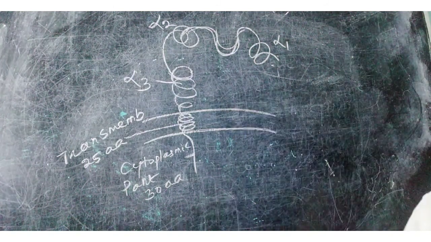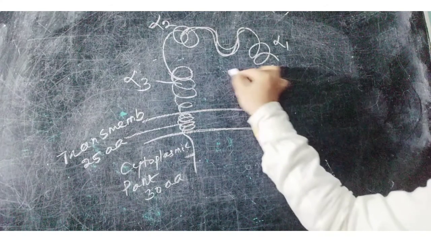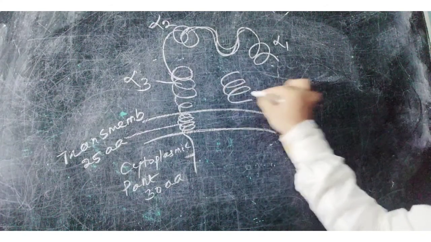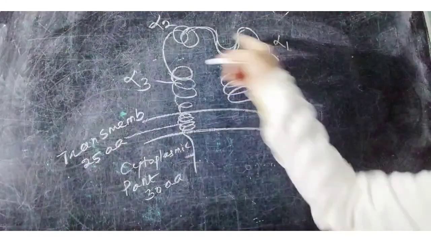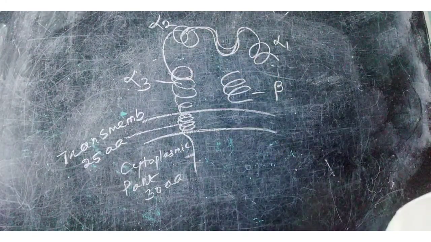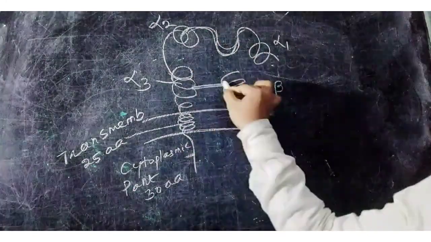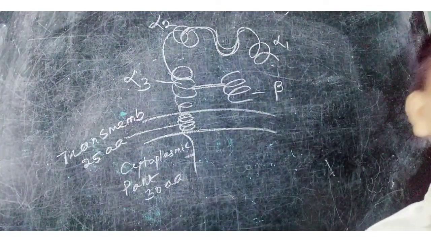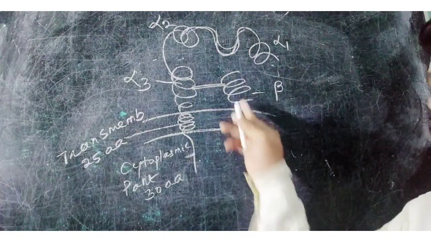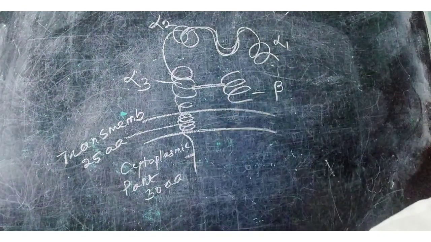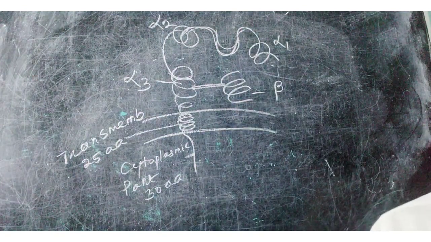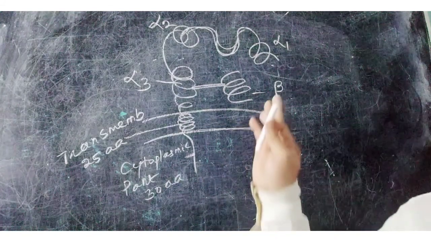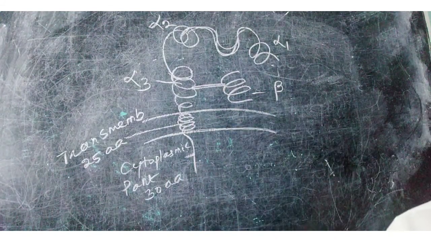Here is another chain called beta 2 microglobulin. This is the proximal part and these are the distal parts. Beta is non-covalently bound with alpha 3. Beta does not have any transmembrane zone. The alpha chain and beta chain are present together.